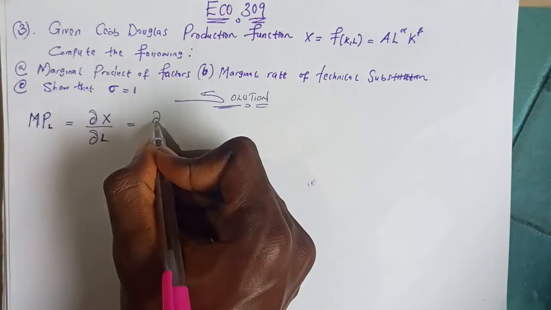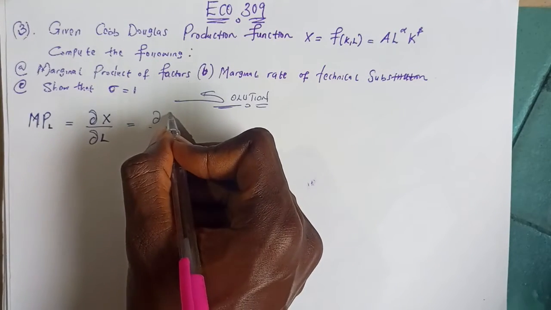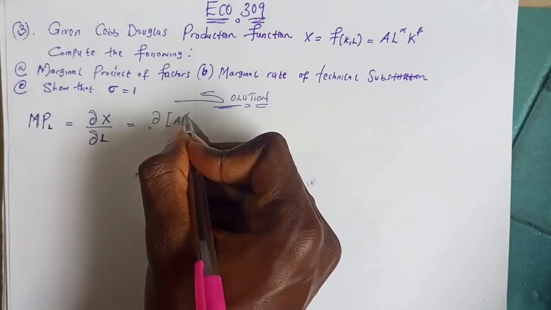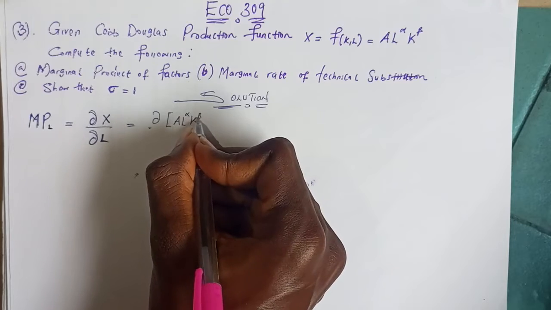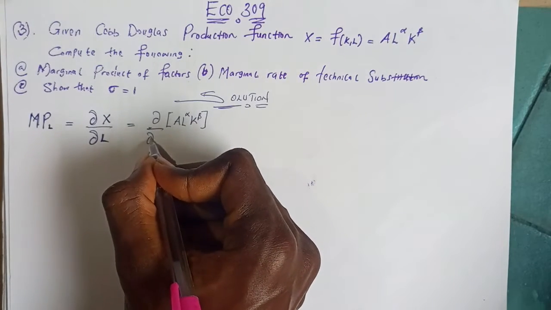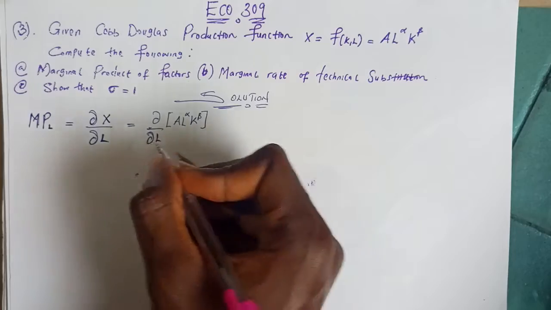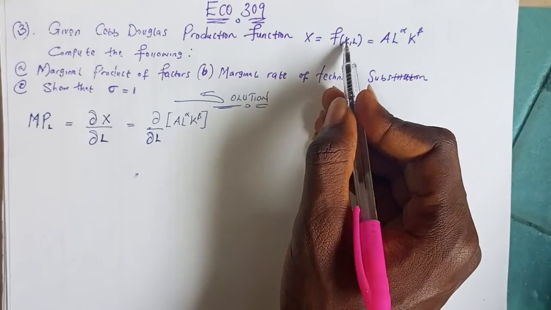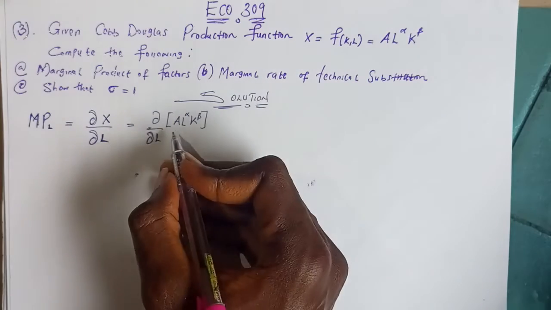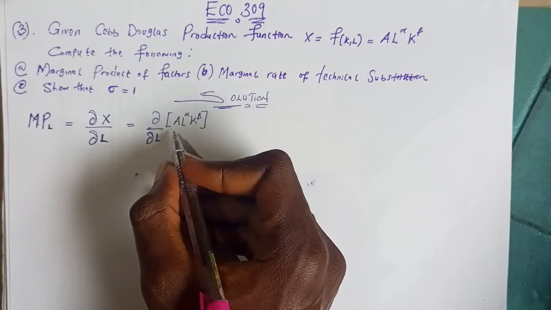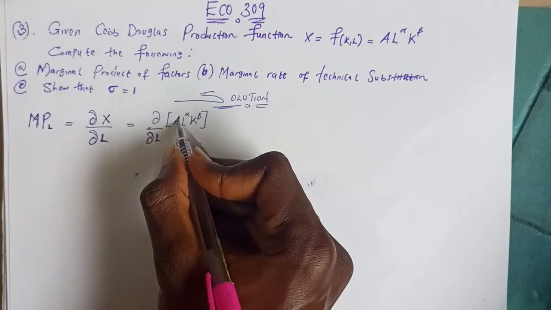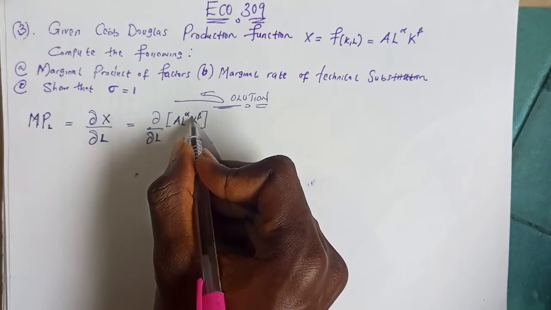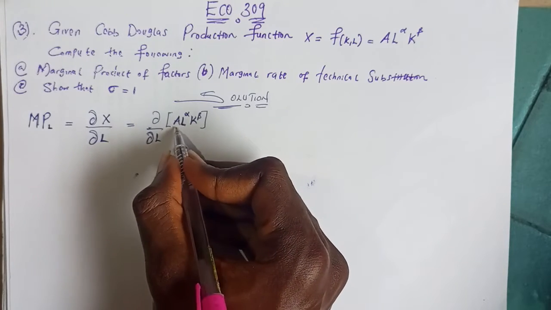I need to differentiate A L raised to the power of alpha and K raised to the power of beta partially with respect to L. Since the function is in terms of K and L, A is a constant, alpha is a constant, beta is a constant. But these two factors are not constants, so that means you have to use the product rule.